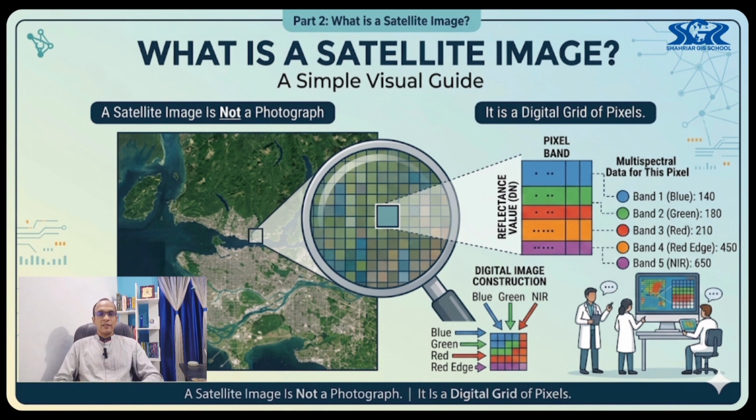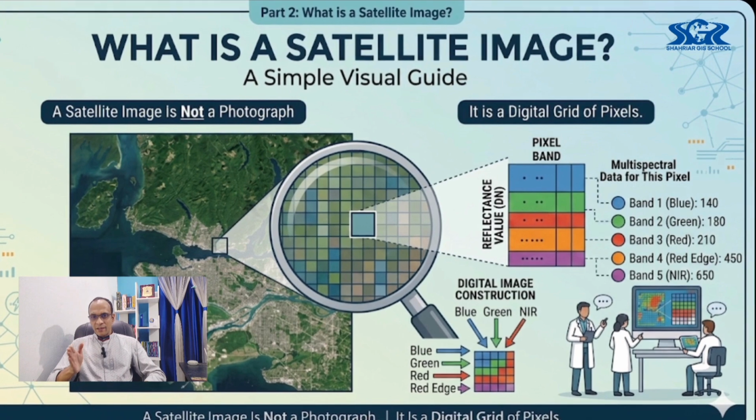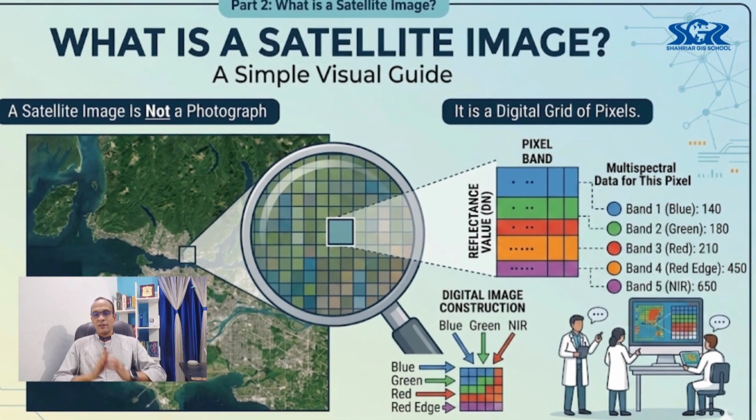A digital image is made of countless tiny squares, and each single pixel covers a specific real-world area on the Earth's surface. Now let's look at the right side of the infographic under multispectral data for this pixel. If we zoom in on just one single pixel from that grid, the real scientific data is revealed.